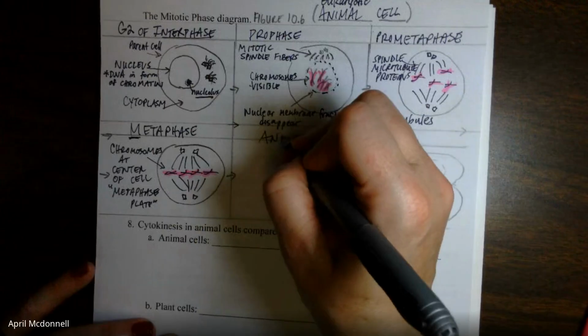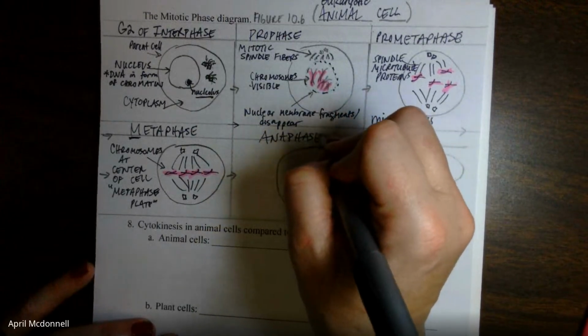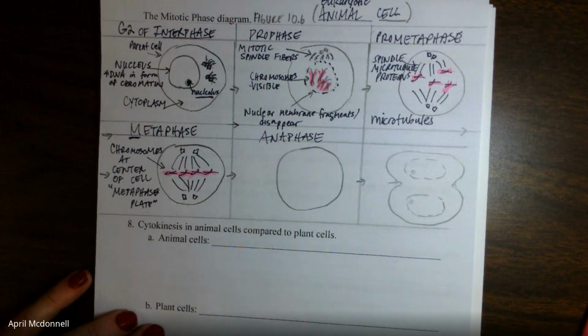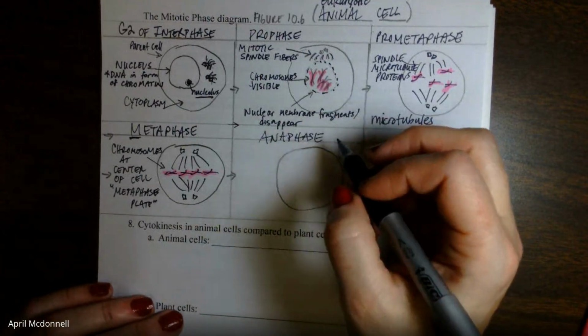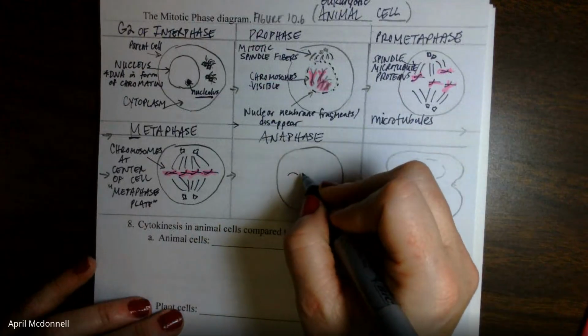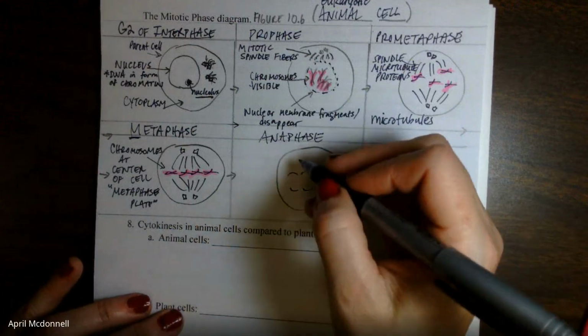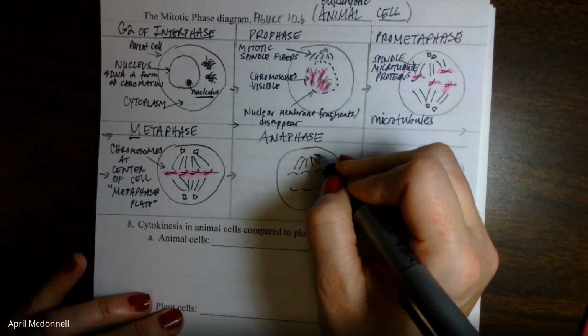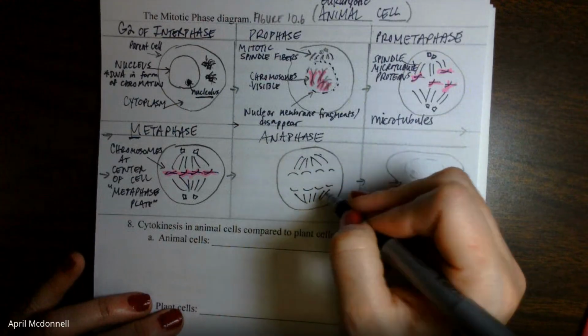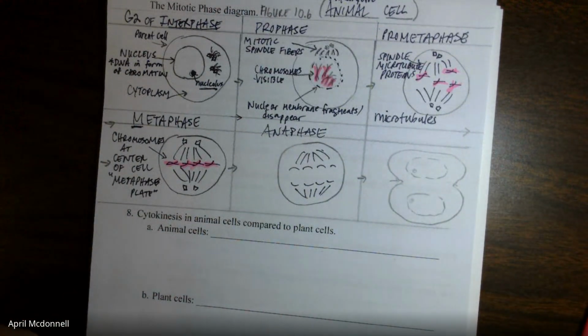The next stage is going to be called anaphase. And this is when the daughter chromosomes are pulled apart to the opposite ends of the cell by the microtubule fibers.